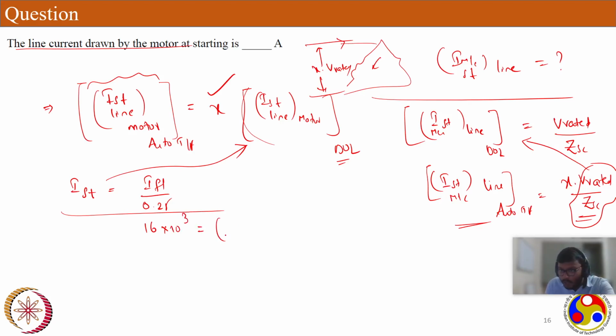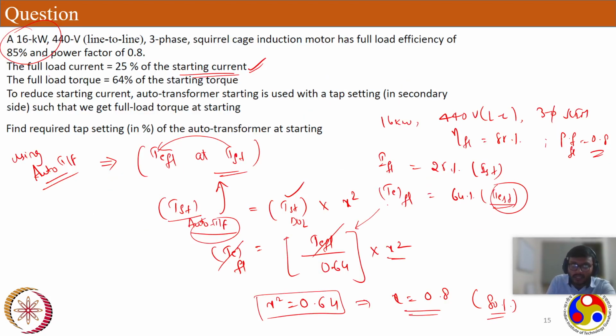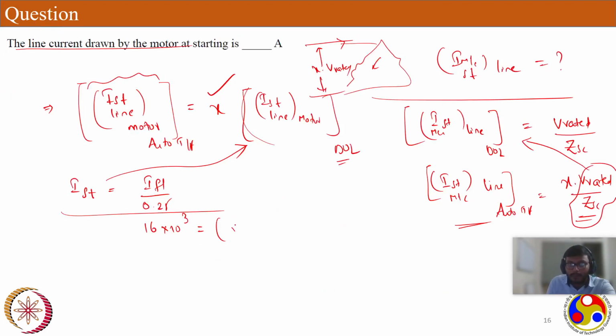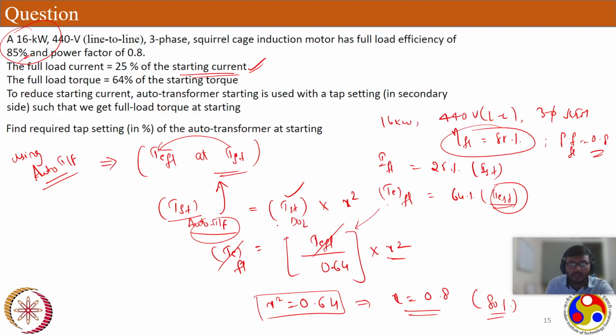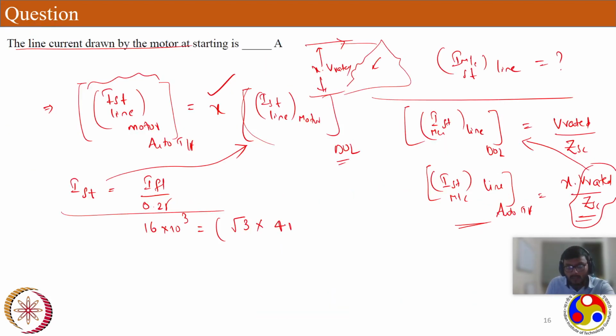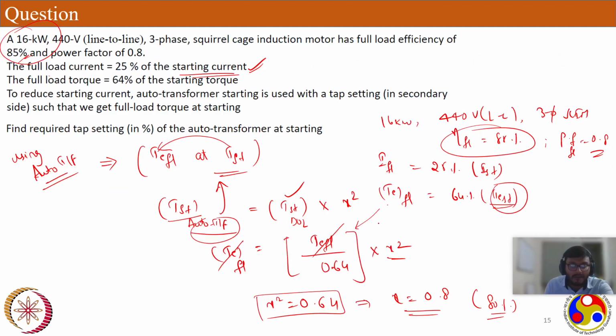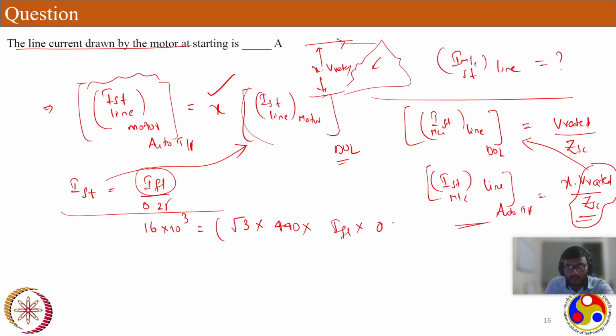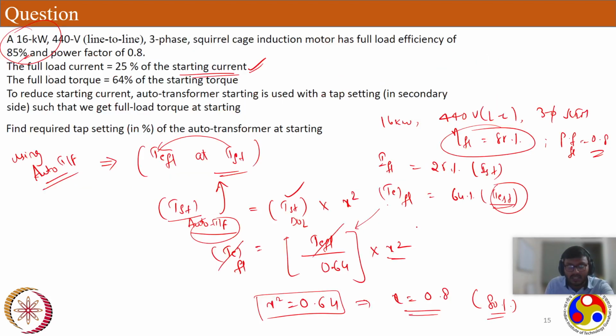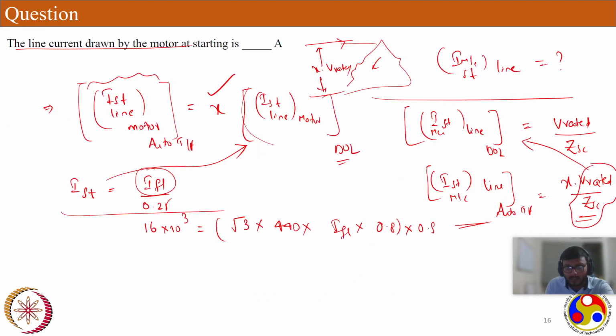We know the formula for output power: input power multiplied by efficiency. Efficiency is also given in the question, that is 85%. Now, what is the input power? Root 3 times line voltage, that is 440 volts, multiplied by the line current at full load. That is what I am trying to find here. Root 3 VL IL. What is the power factor? It is 0.8, multiplied by efficiency, 85%.